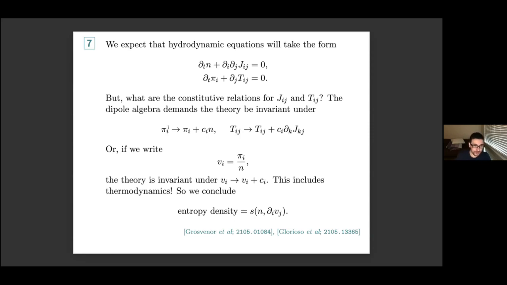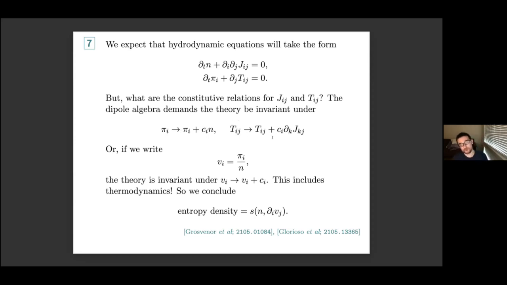But what it's going to do is shift your momentum density by c_i times n. Now that's okay, because pi is a conserved density, n is a conserved density, so there's no contradictions here. But it does tell us that the momentum that we associate with our theory is in some sense not that well defined. And so this is a little subtle.